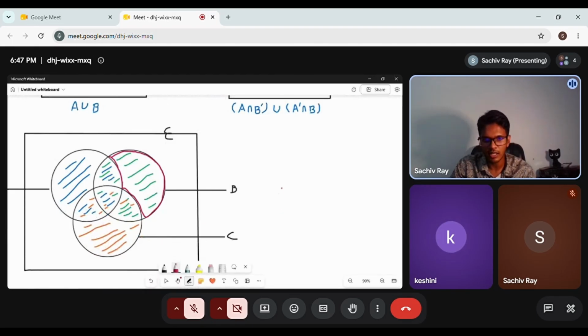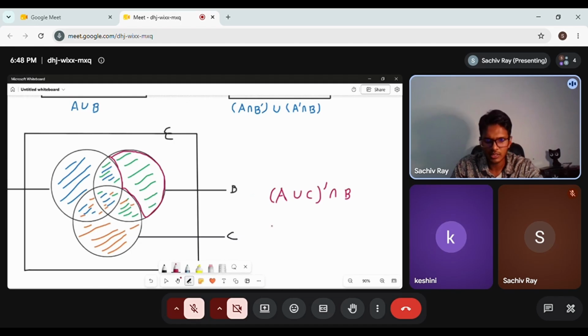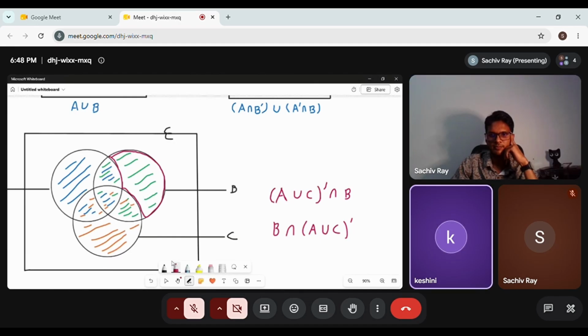We can write A union C, whole thing complement, intersecting B. Or we can even write B intersect A union C complement. It doesn't matter, both are the same. Okay, clear? Yes, sir.